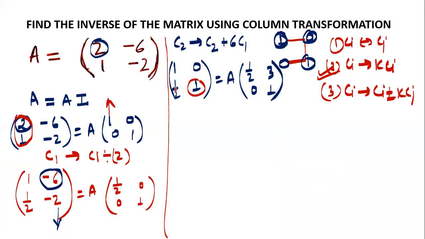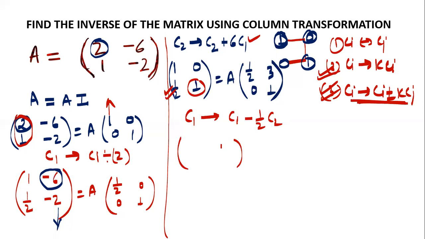Now I have to make this 0. So what can I do? I can write C1, using the step used over here. Again, I will use this operation: C1 arrow C1 minus half C2.